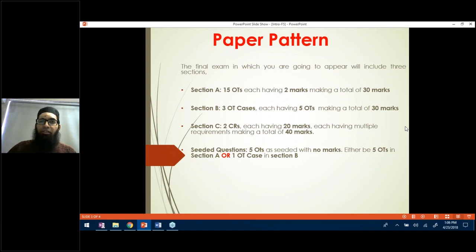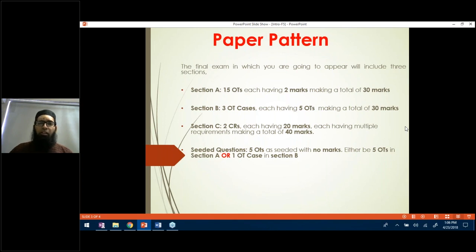So when you go into your CBE, you will find that there are 20 objective tests in Section A, meaning 15 objective tests that carry 2 marks and 5 additional seeded questions that carry no marks.